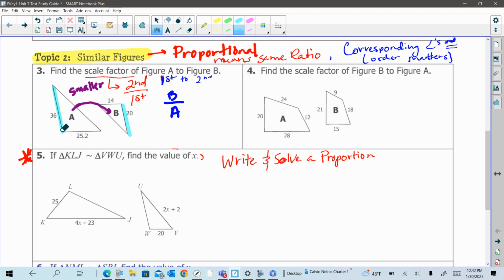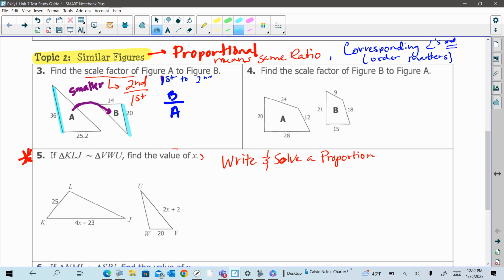I want to see, can you set up the ratio and reduce it to get to the scale factor? It does reduce. So I'm going B to A.